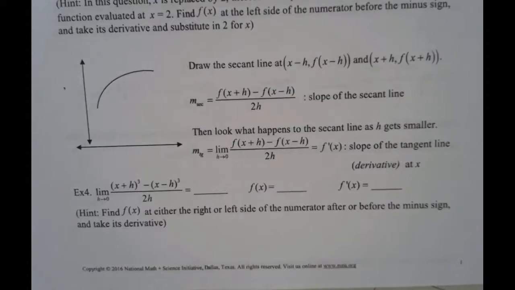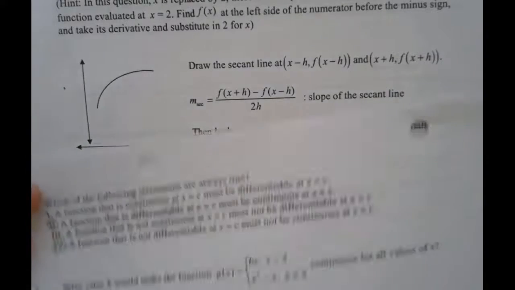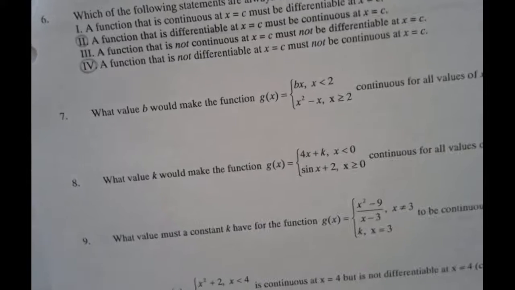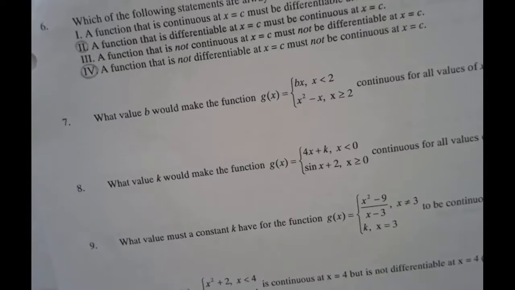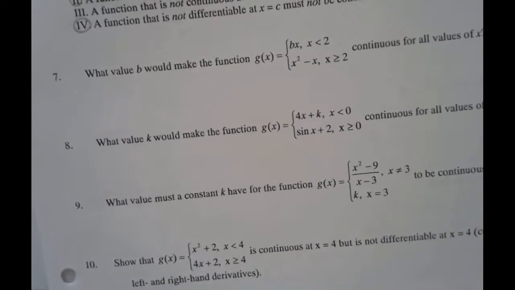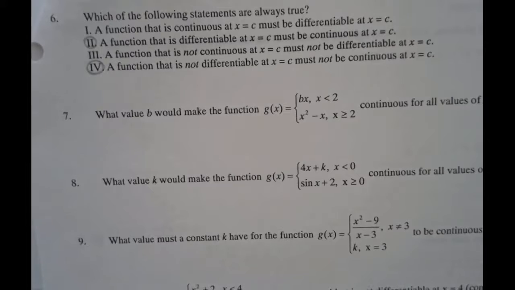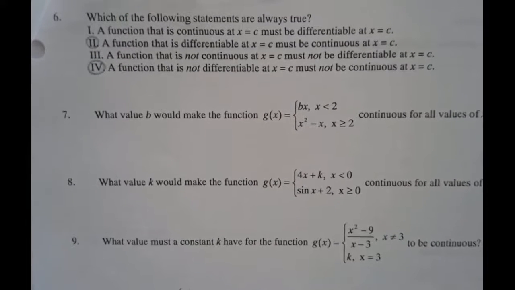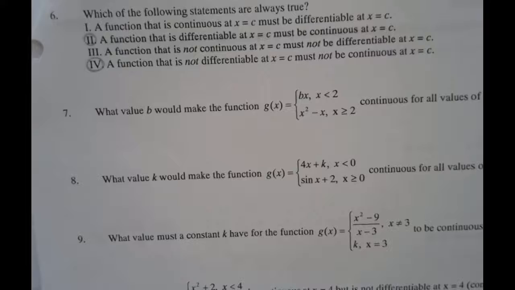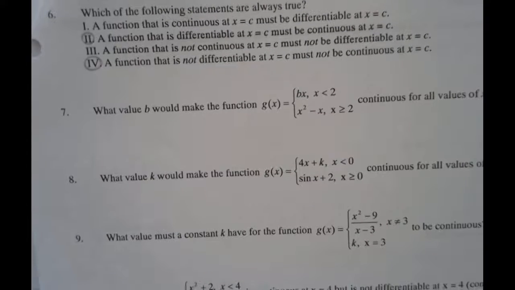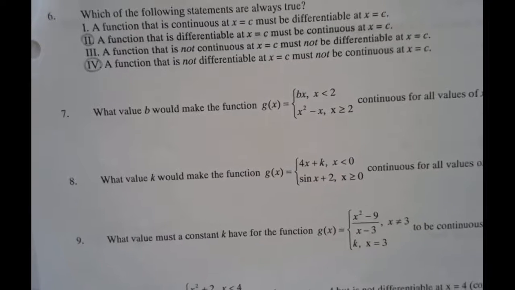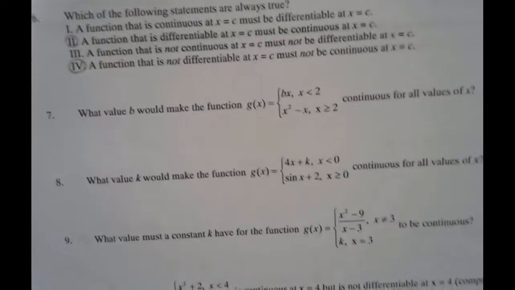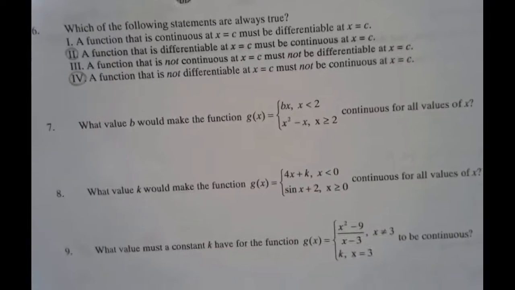Okay, number 6. Which of the following statements are always true? I just had 2 and 4, because even if it's continuous, it can't be differentiable. Number 1 is false. Number 2 is true because differentiability implies continuity. And then 3 is false. If it's not continuous, it can't be differentiable.